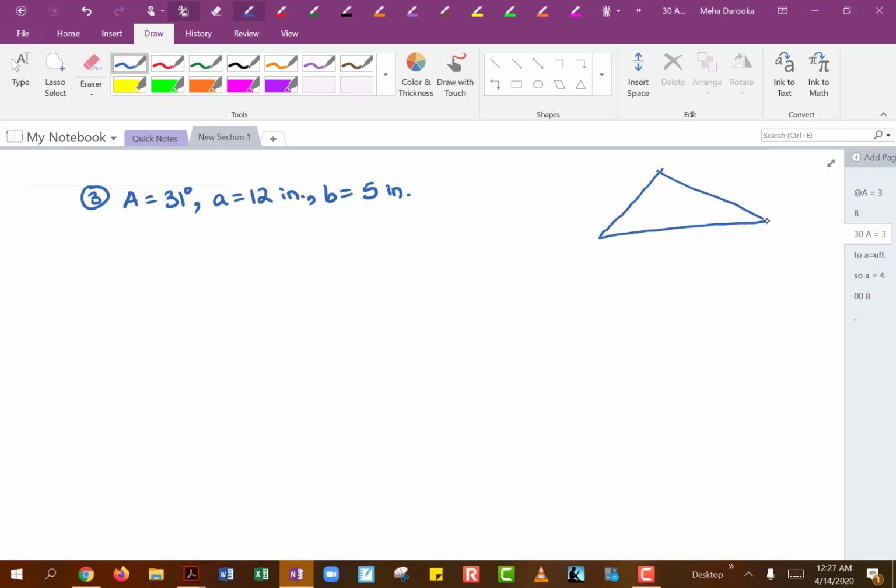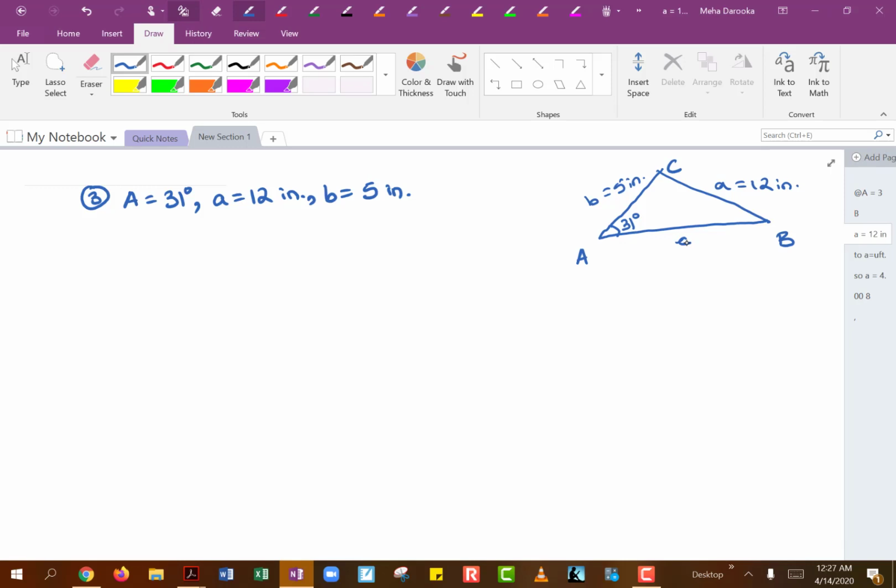It's probably not going to be very accurate. Okay, so we are given angle A is 31 degrees, side A is 12 inches, and side B is 5 inches. So we have to find side C and we have to find angles B and C, right?